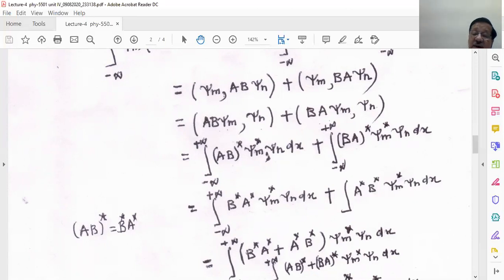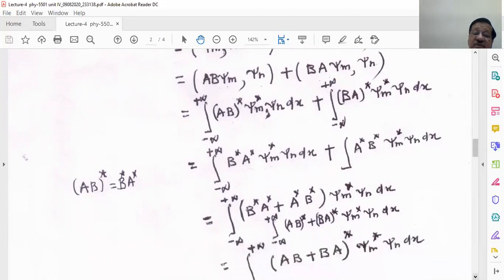So I can combine this equation. You can see this is B* A*, and then this is A* B*, and this complete unit is operating on ψ* ψ dx.